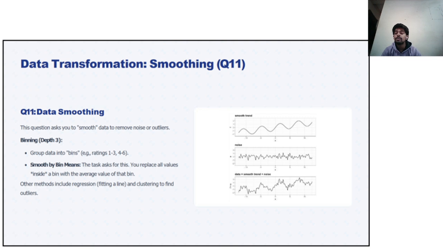Once grouped, we calculate the mean or average value of the items inside that bin. We will then replace every original value in that bin with that calculated mean. For example, if a bin has ratings 2, 3, 7, the mean is 4. If every value is then replaced by 4, that smooths out the minor fluctuations, revealing the underlying patterns in the feedback.